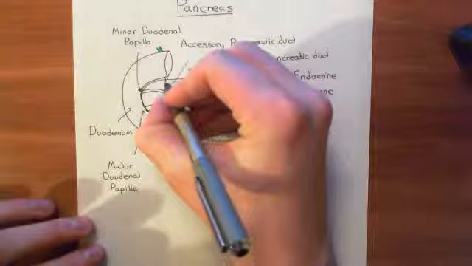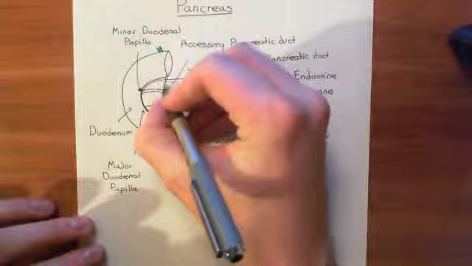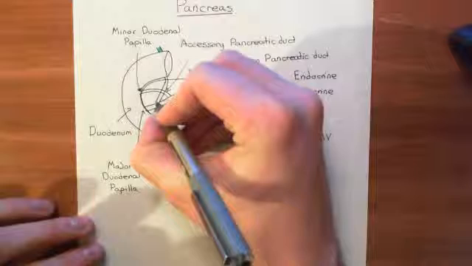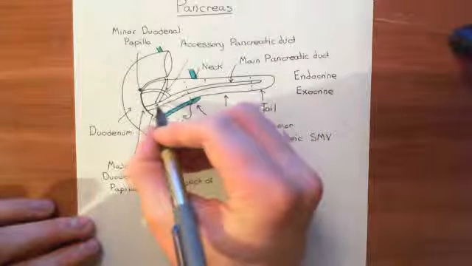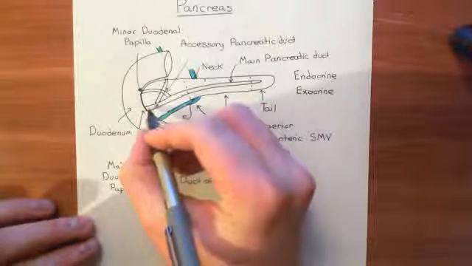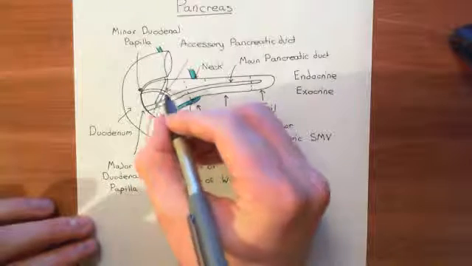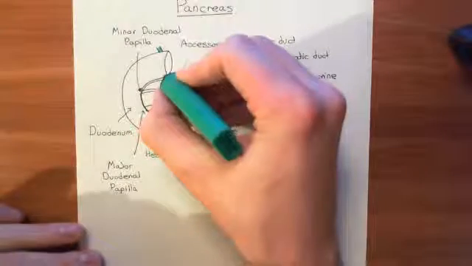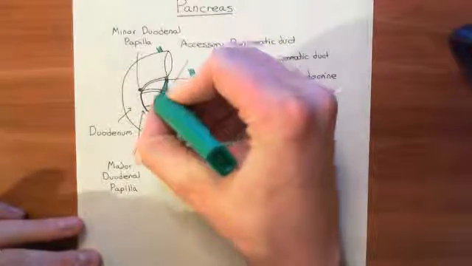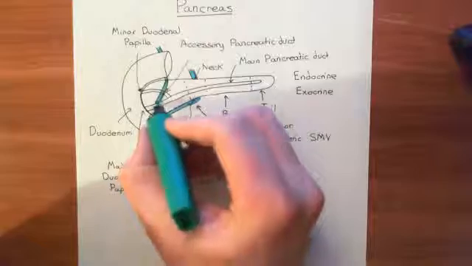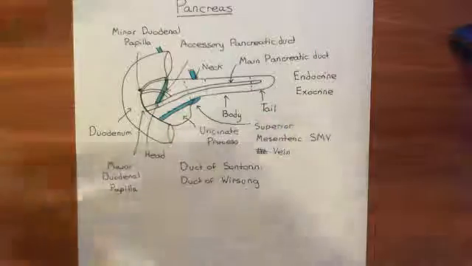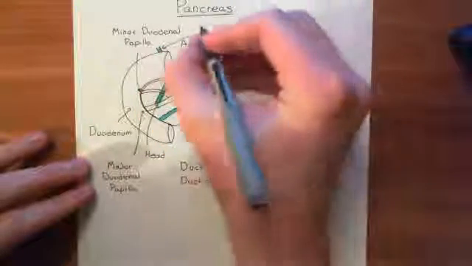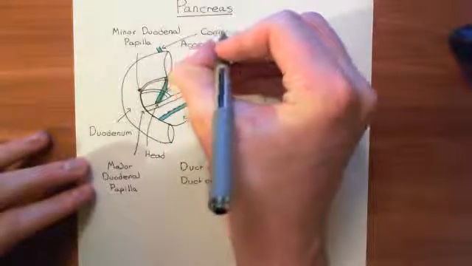It will then enter the pancreas and dump its contents into this portion of the main pancreatic duct, the portion after the accessory pancreatic duct has come off. So this is all happening behind the pancreas, and then it's going to empty into this portion of the main pancreatic duct here. That green tube that I've drawn there is meant to represent the common bile duct.